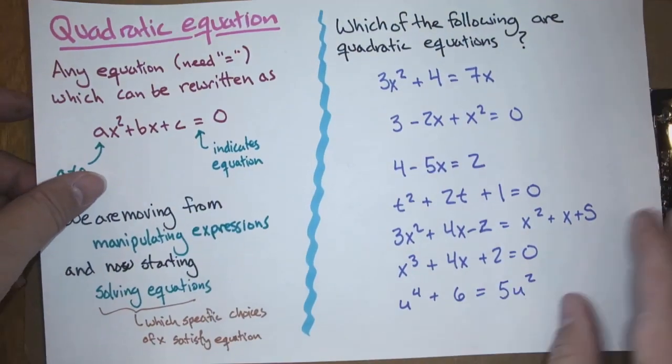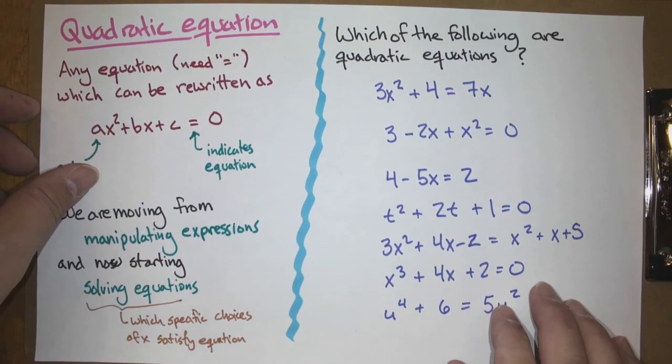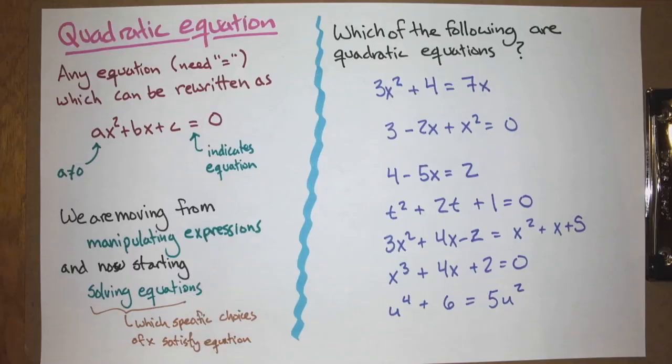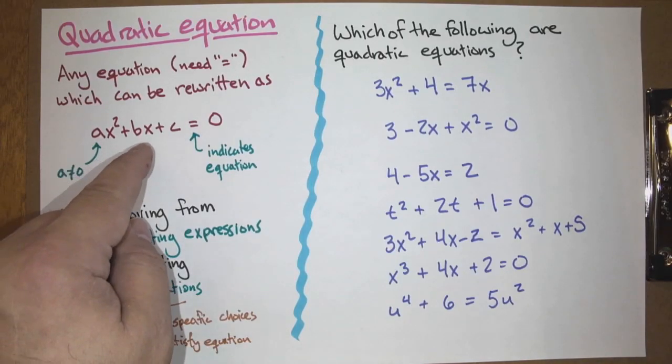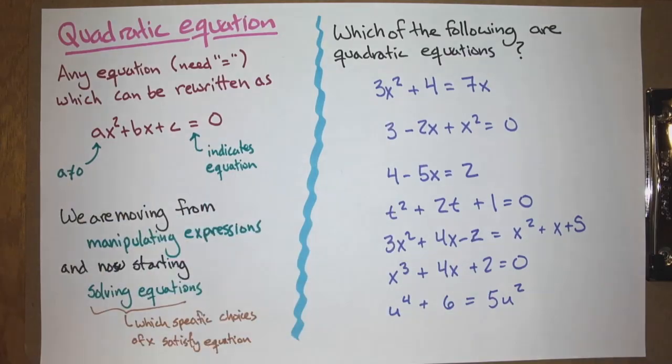Again, we have our quadratic equation. We need the equal sign. And the punchline here is it's anything which you can rewrite as ax squared plus bx plus c equals 0. We want to make sure there's a quadratic, so the coefficient of the x squared can't be 0. And we don't want anything higher than x squared.